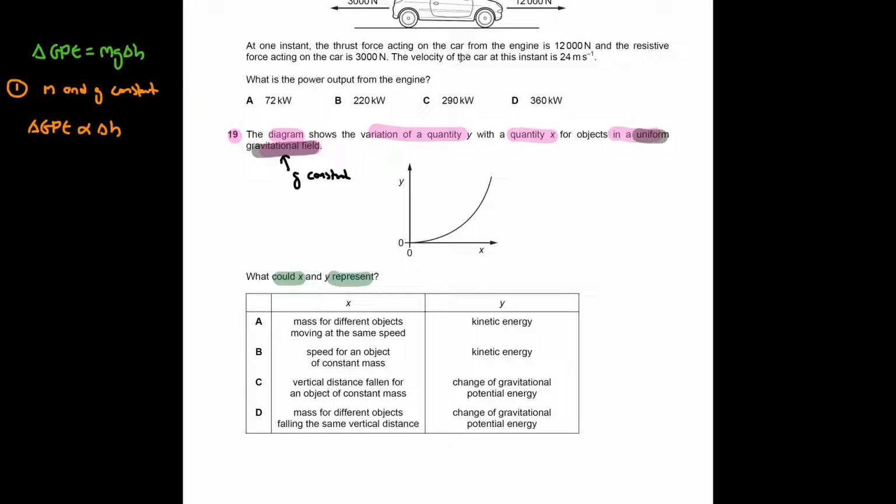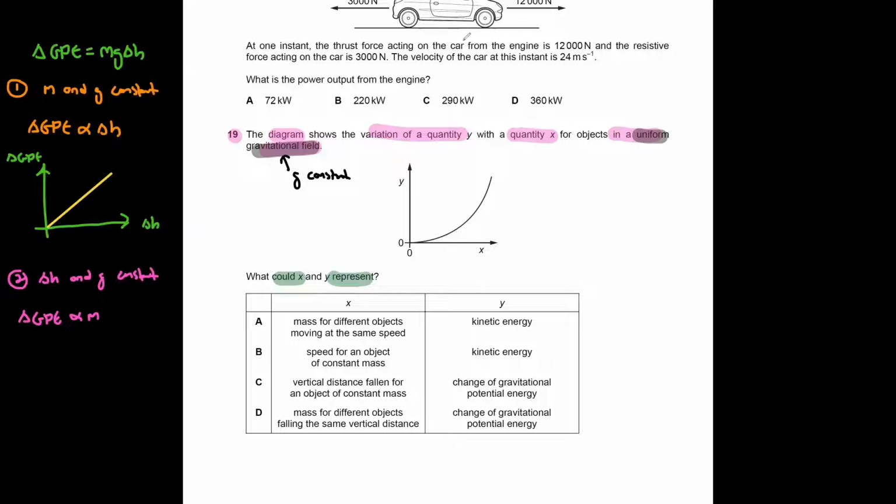So if you were to plot a graph of, say, change in GPE over height, it should be a straight line graph that passes through origin. Second one, if you say something else is constant here, not mass, if you say delta H and g are constant, that will mean that change in GPE is proportional to mass.